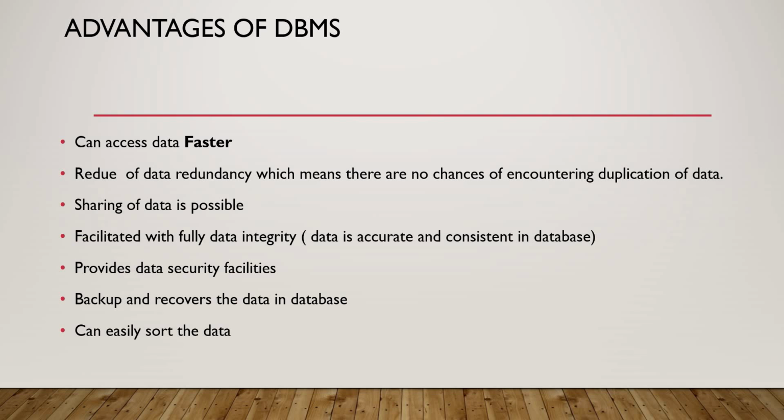Reduce the data redundancy, which means there is no chance of encountering duplication of data. In a telephone directory, there is really less chance of duplication of the phone number.